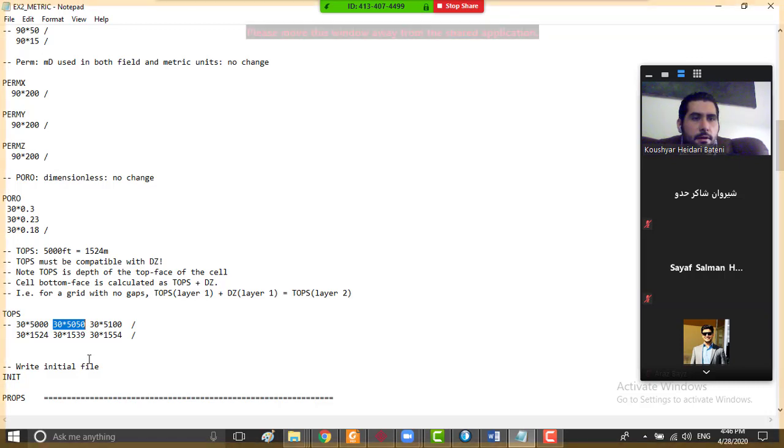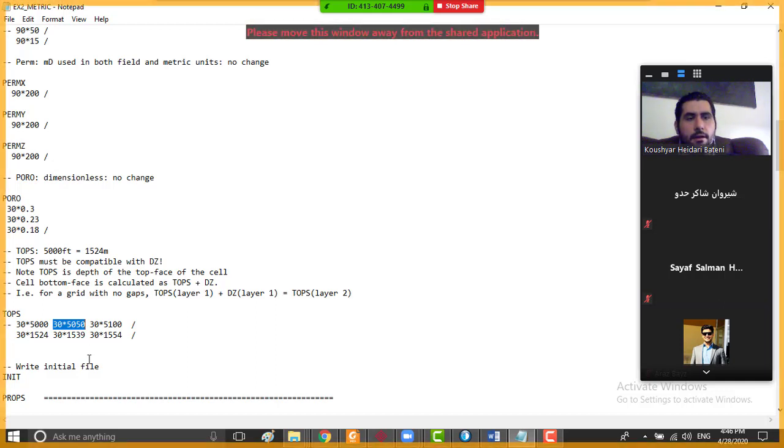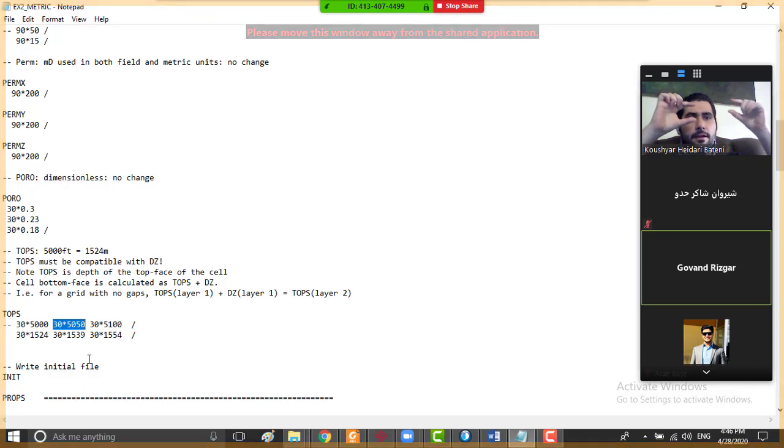The depth of the top of the blocks in this layer is 5,000 feet plus the thickness of the first two layers of the reservoir, which is 2 layers of thickness equal to 50 feet, which is 100 feet.